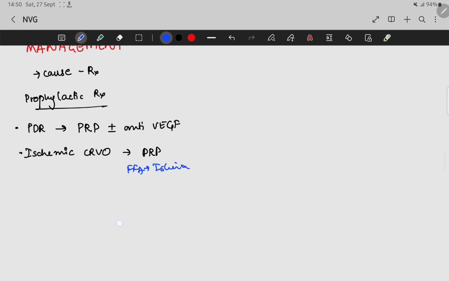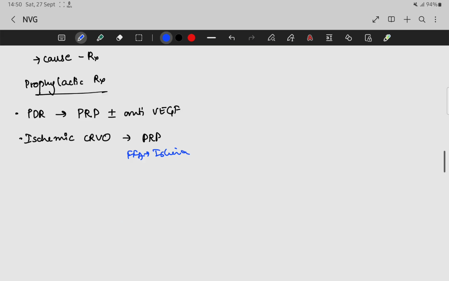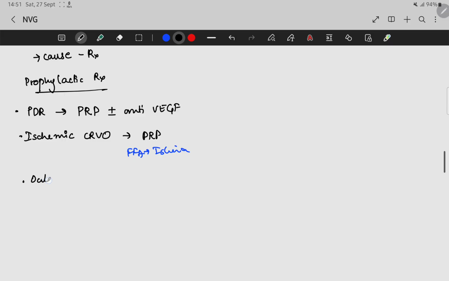In cases of ocular ischemic syndrome, the patient needs to undergo carotid endarterectomy if there is more than 70% stenosis.